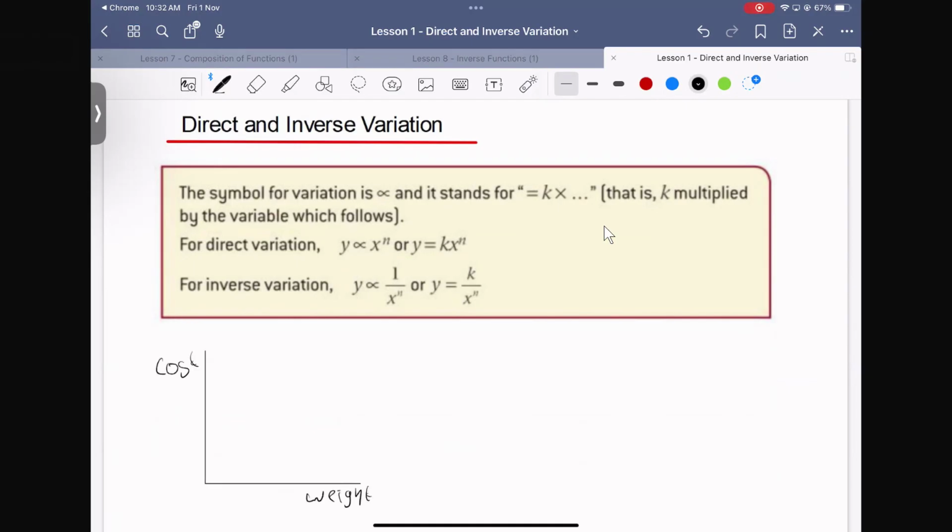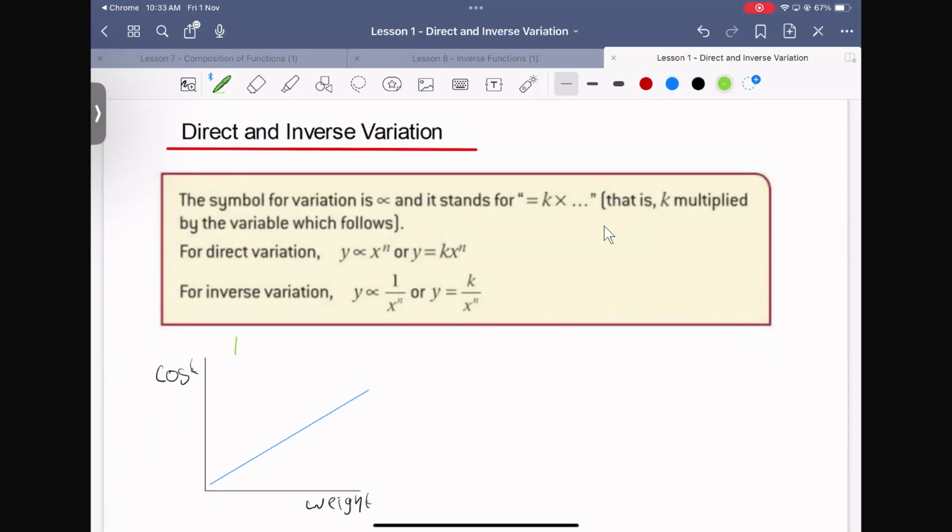It's easy for us to understand that this is going to be a direct variation of a linear type, whereby the more the tomatoes weigh, the more the cost will increase. This is an example of direct variation.